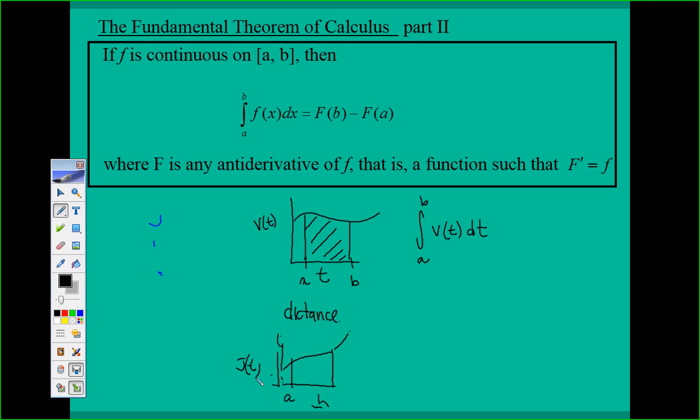So to find the distance traveled, we would take our s of b minus s of a. And that would give us the total distance traveled. So we could say that s of b minus s of a also gives us the distance traveled.